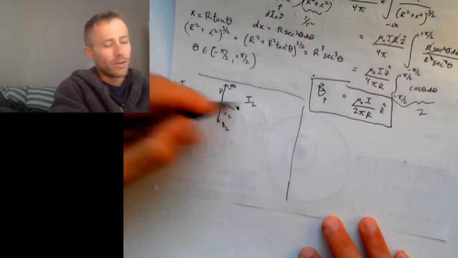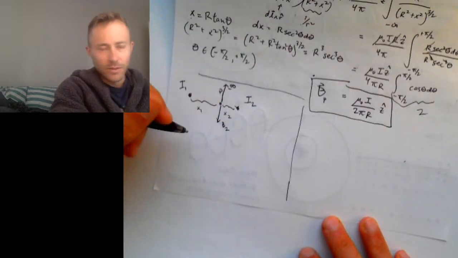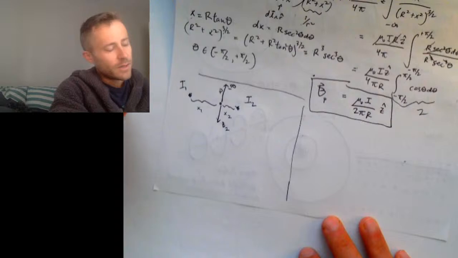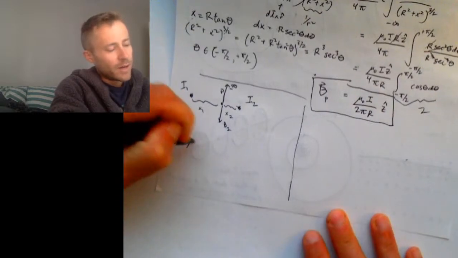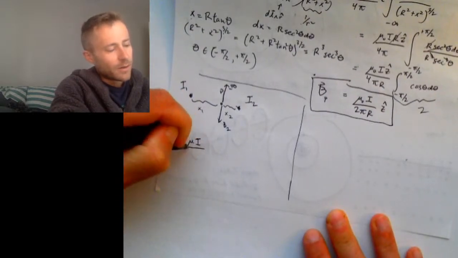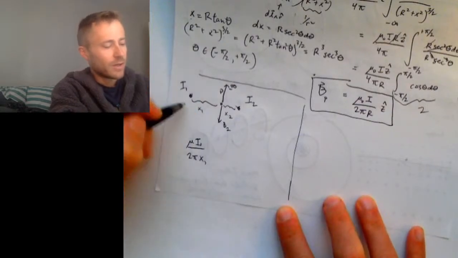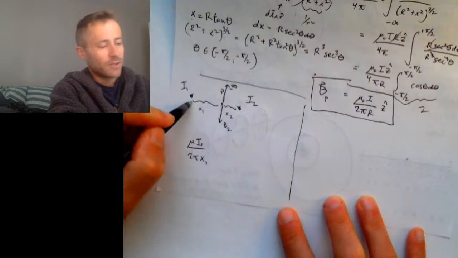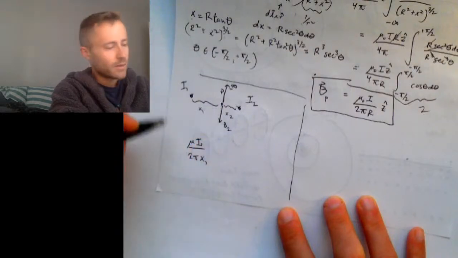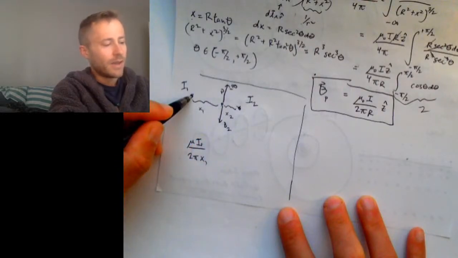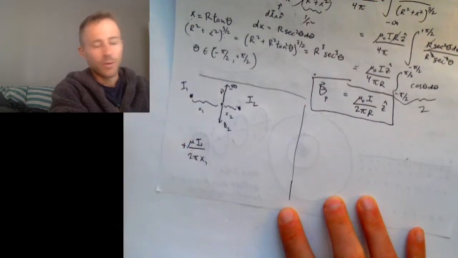So if I wanted to know what is the total magnetic field at that point P, it would be mu naught I1 over 2 pi x1, because the point P is a distance x1 from that wire. And that one points upward, so I'll put a plus there.